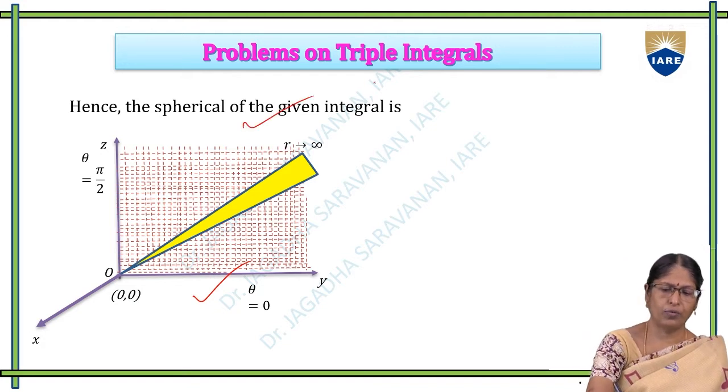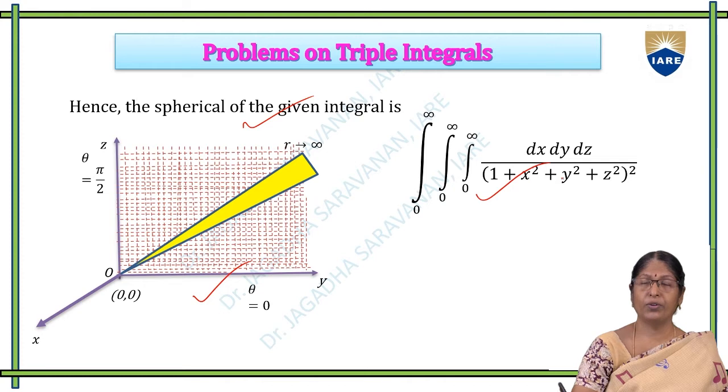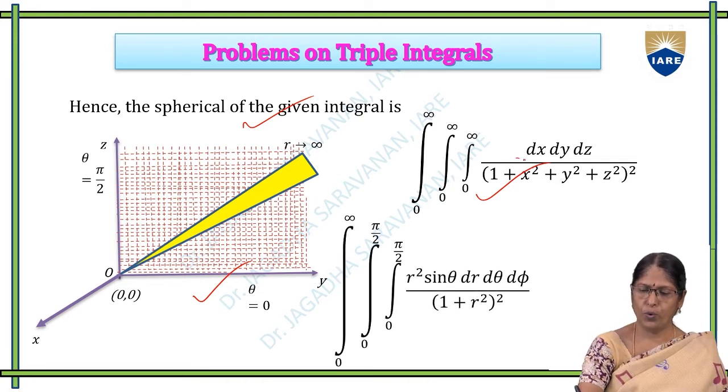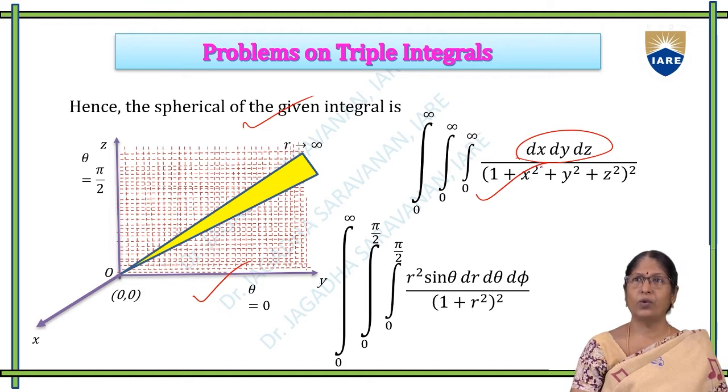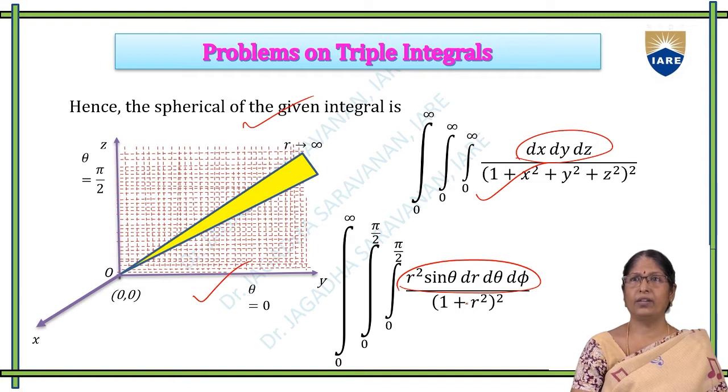So the spherical form of the given integral is, this is our equation. Now we know dx dy dz is replaced in polar form by r square sine theta dr d theta d phi, using the Jacobian that we obtained here.